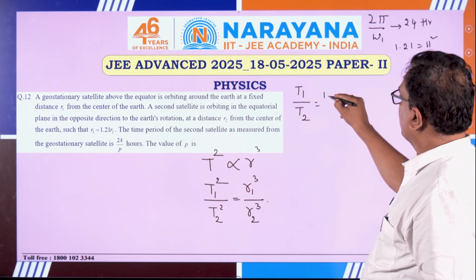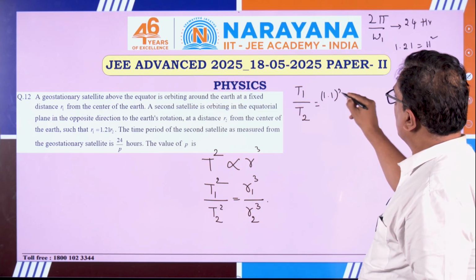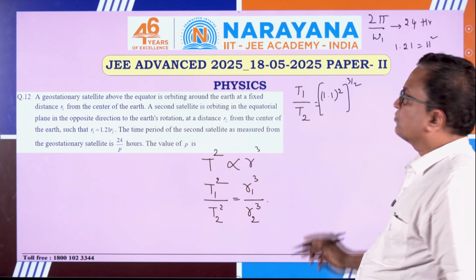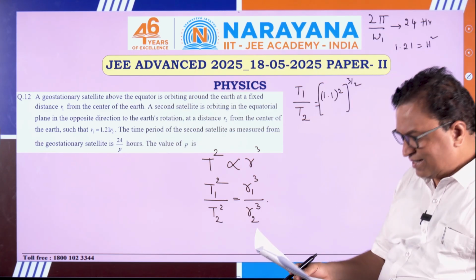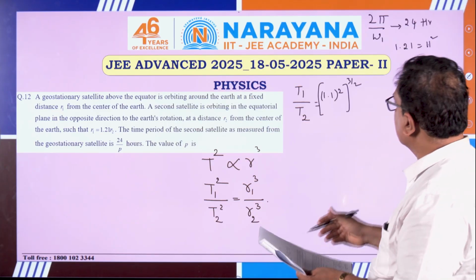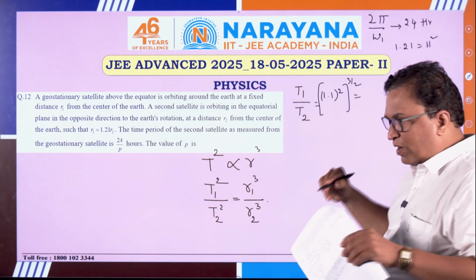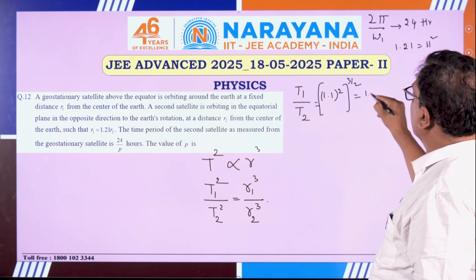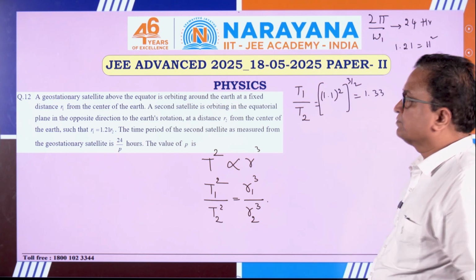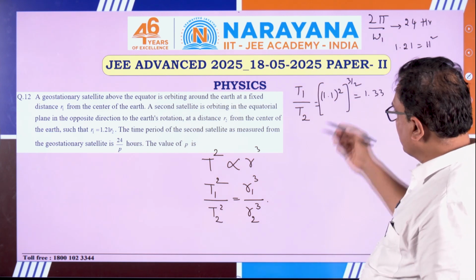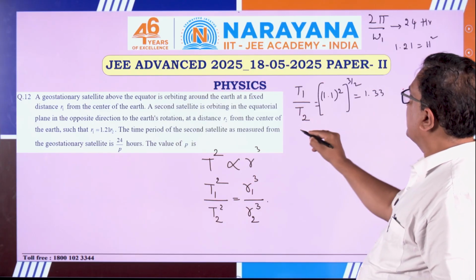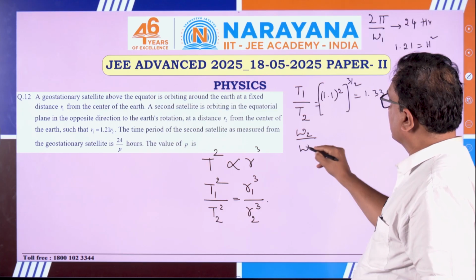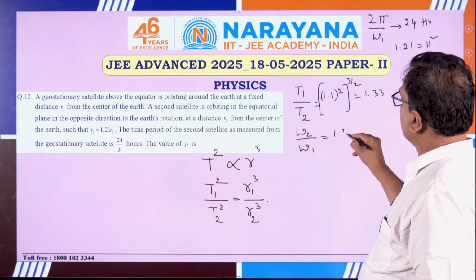So, this is 1.1 whole square to the power of 3 by 2. 1.1 whole cube will result in nearly 1.33. Nearly. Remember, T1 by T2, otherwise also called omega 2 by omega 1, is 1.33.